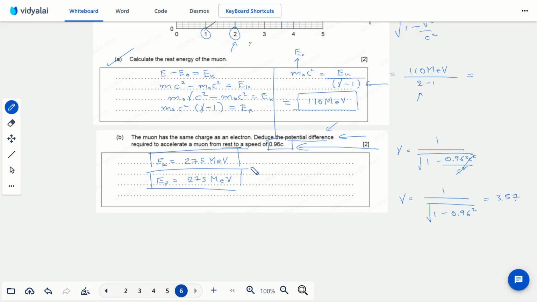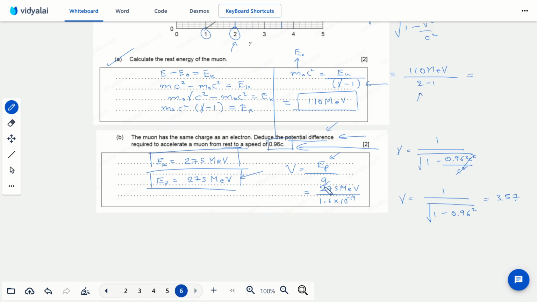So the potential difference that makes this potential energy possible is V. This is the capital V, which is equal to EP divided by Q, where Q is the charge on the electron and EP is given in mega electron volts. So we need to convert this into joules.